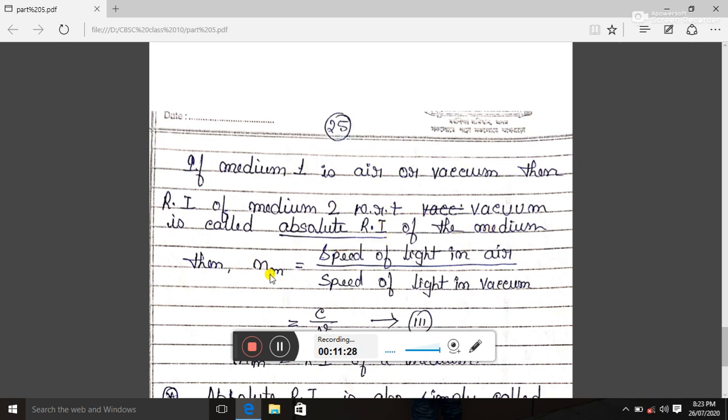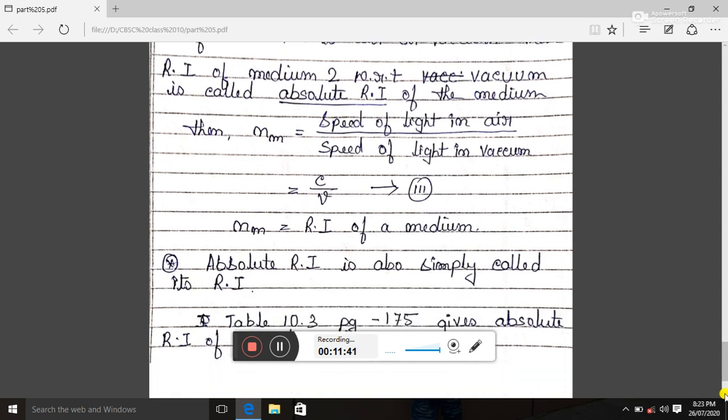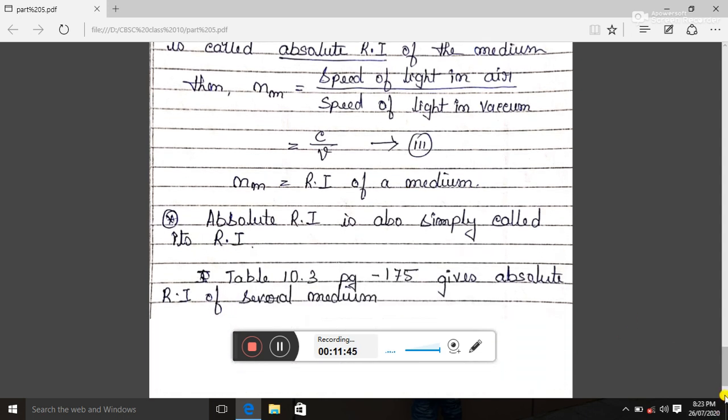So absolute refractive index can be denoted by nm. It is nothing but the speed of light in air or vacuum divided by the speed of light in the medium. We all know that we denote the speed of light in air by c. So c is the speed of light in air and v is the speed of light in the medium.